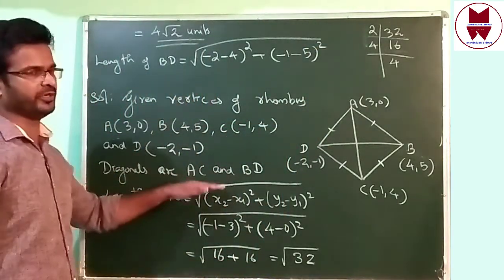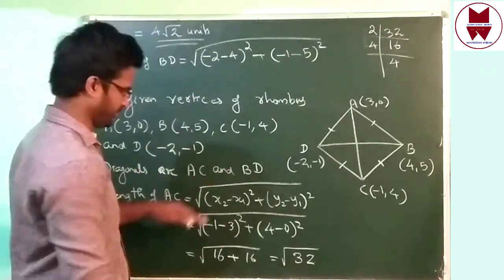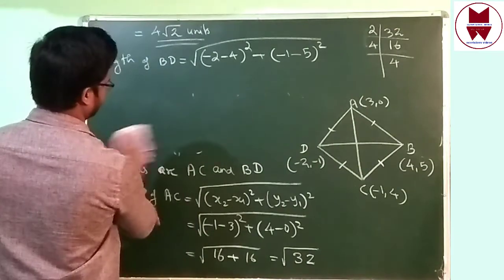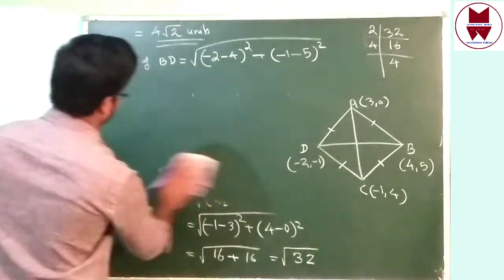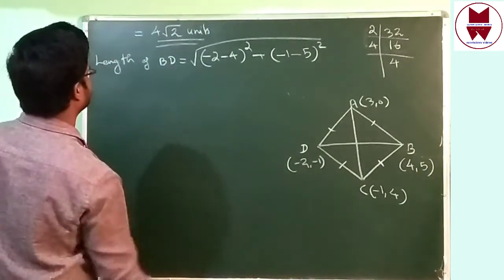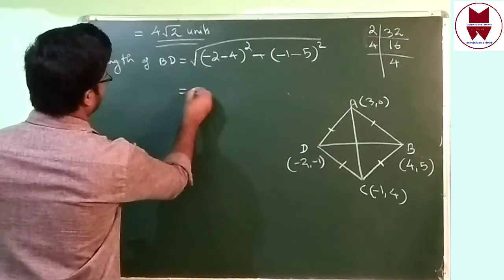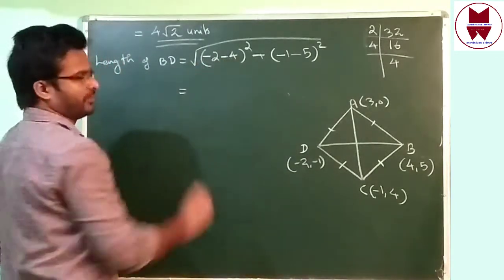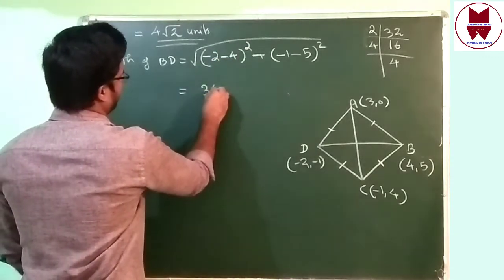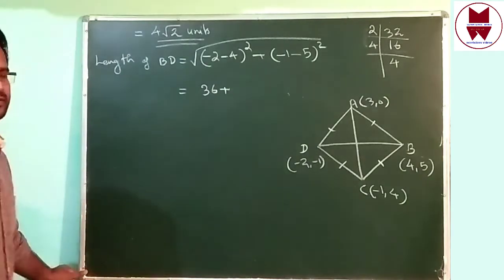Just pause the video and write down this part in your notebook. Minus 2 minus 4, minus 6. Minus 6 all square you will get 36. Minus 6 into minus 6, 36.